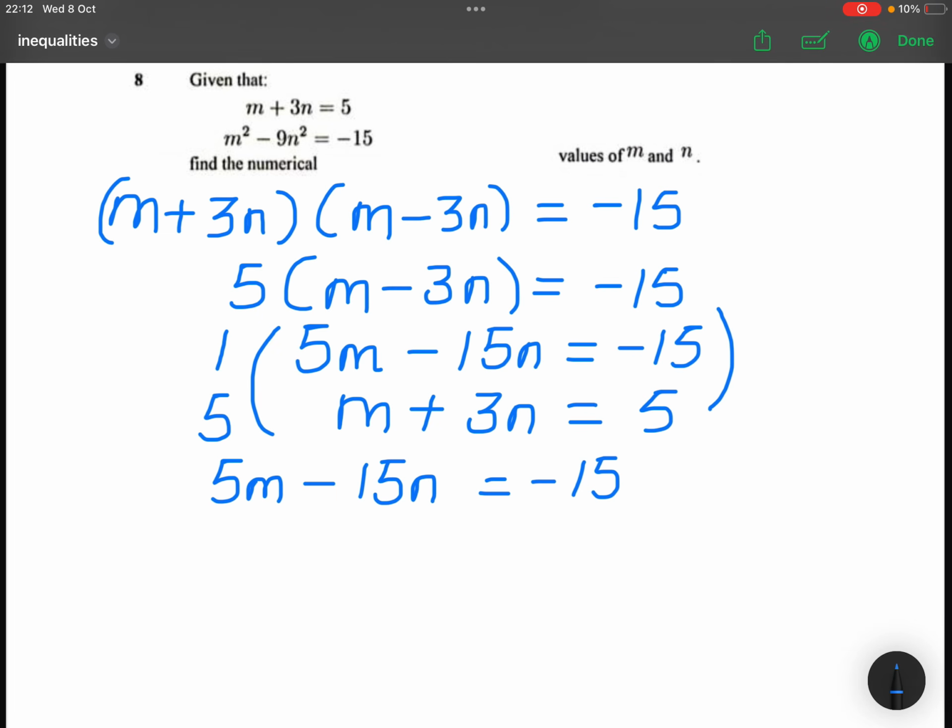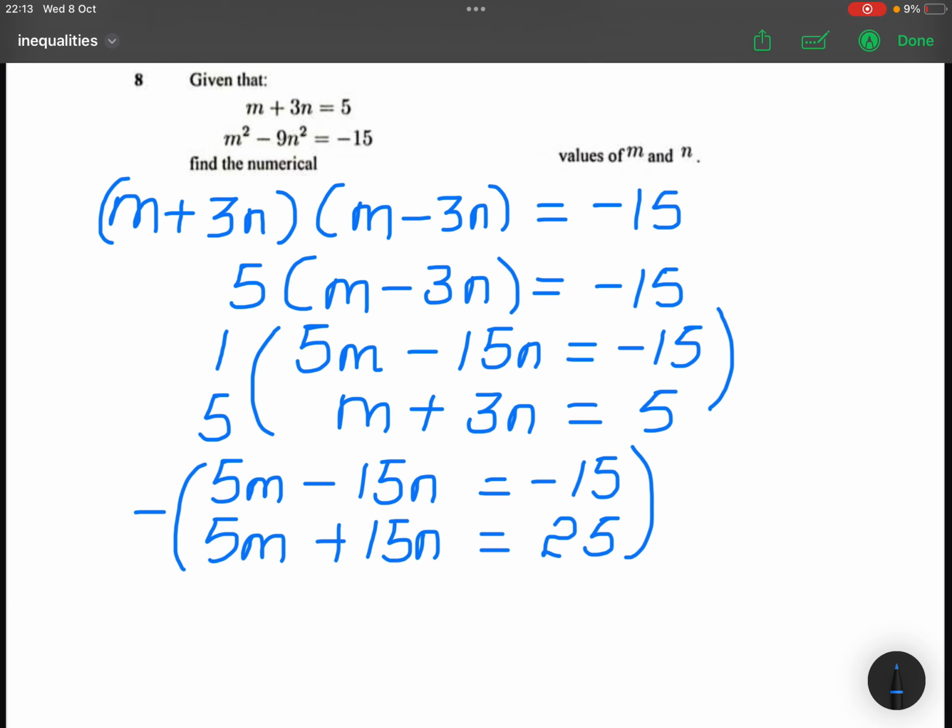And then 5 times m, 5m. 5 times 3n, it is positive 15n. 5 times 5, we get 25. So for us to eliminate m, we need a negative sign.